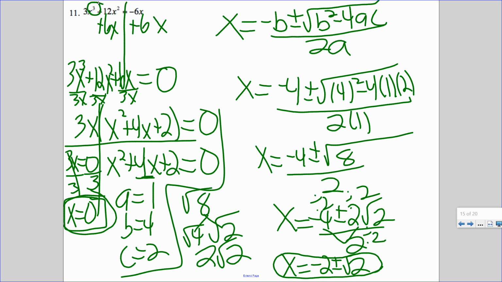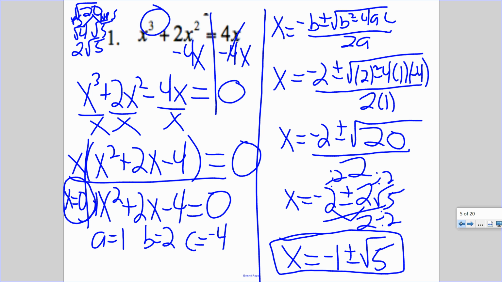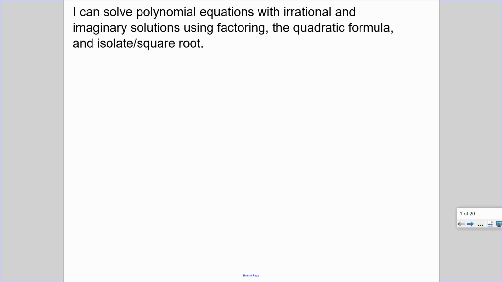So this takes practice. Utilize the key as you're going through it because it's a lot of computational stuff. But conceptually, to solve a polynomial equation, you bring everything to one side. You factor. If it is a quadratic and it doesn't factor, you can use the quadratic formula or isolate square root.